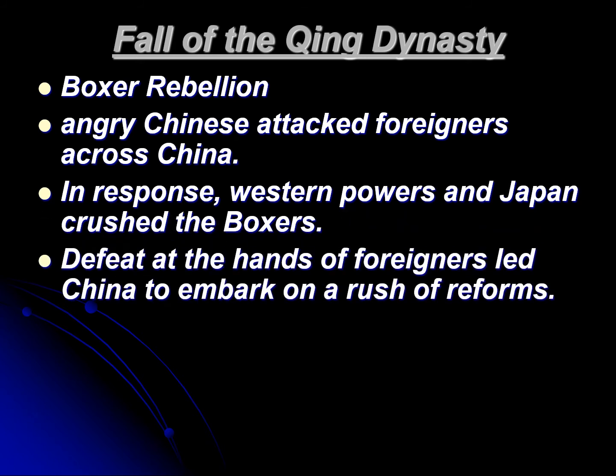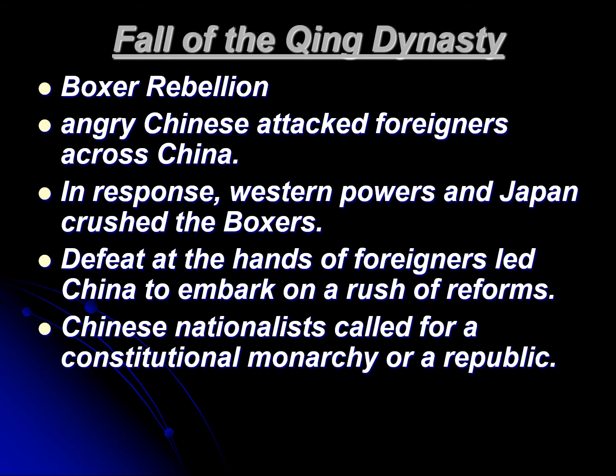So we have another rebellion where, again, more civil war and killing of their own people and fighting internally, and it just continues and continues. They try to suppress this by writing a constitution, by forming a republic, but it all fails because the Chinese, at the end of the day, didn't want Westernization. They wanted independence from Westernization.